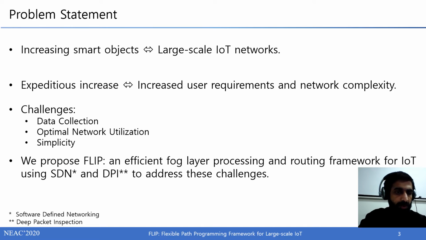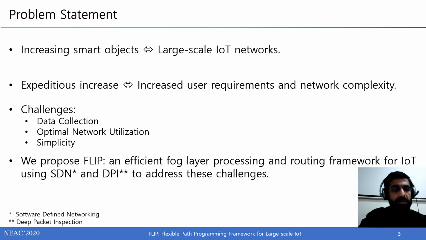The problem statement. With the rapid increase in smart objects forming IoT fabric, it is likely to see millions of devices connected to the internet forming large-scale IoT networks. This expeditious increase in IoT devices is giving rise to increased user requirements and network complexity.